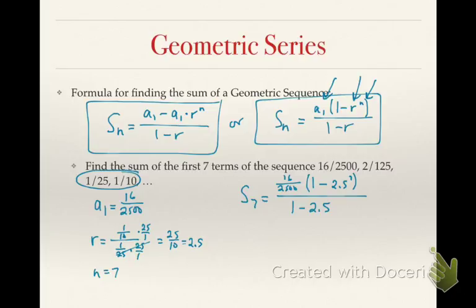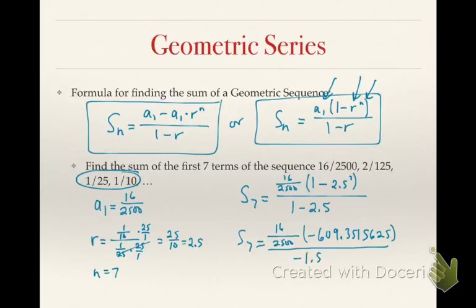If I do 1 minus 2.5 to the 7th power, that gives me a fairly lengthy number, right? You get negative 609.3515625, all divided by 1 minus 2.5, which is negative 1.5.